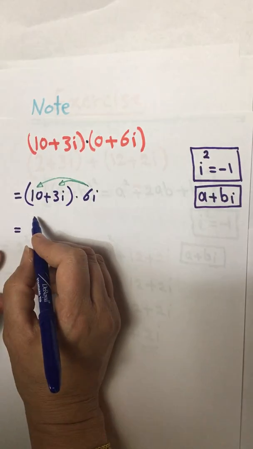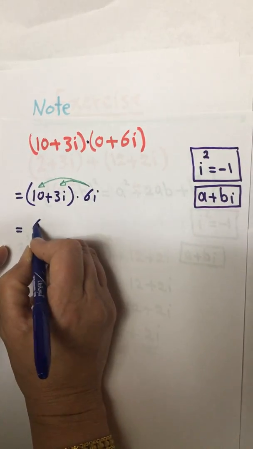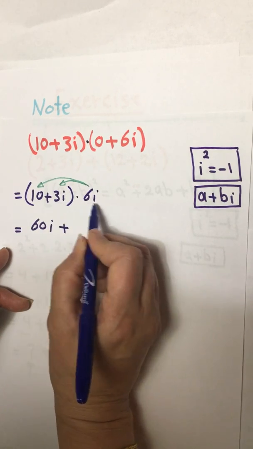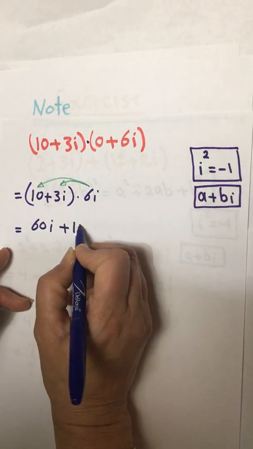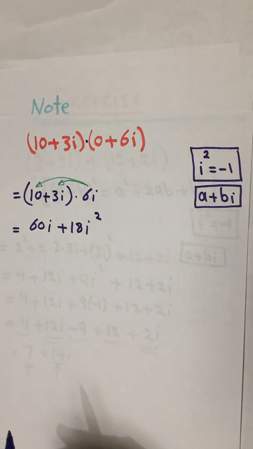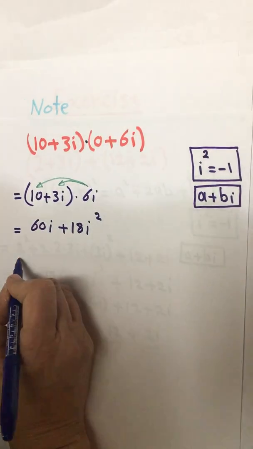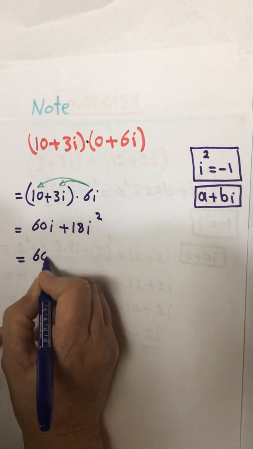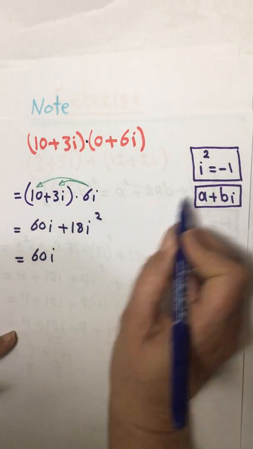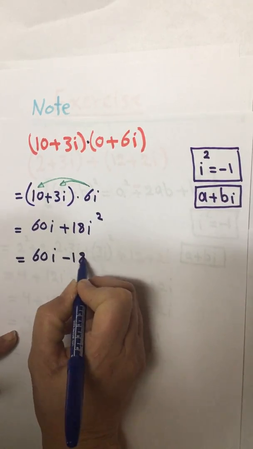6I times 10 is 60I plus 3I times 6I, 18I squared, which equals 60I. This equals -1 minus 18.